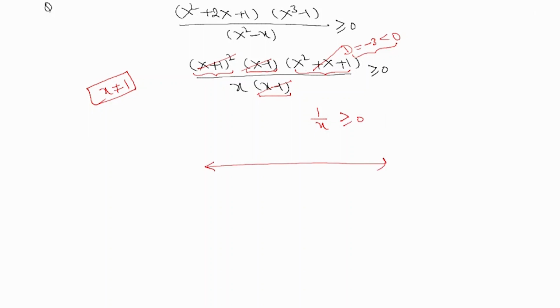So what are the roots? The root is 0. So rightmost is plus and then minus. So x is greater than 0. Now since x lies in the denominator, I cannot include it. So that means there will be an open circle. Now there are two more things that I need to take care of. First thing, the value of x cannot be 1.